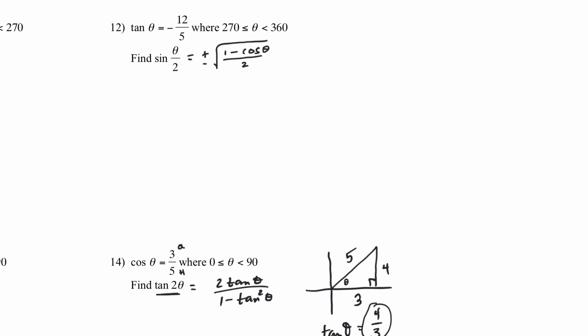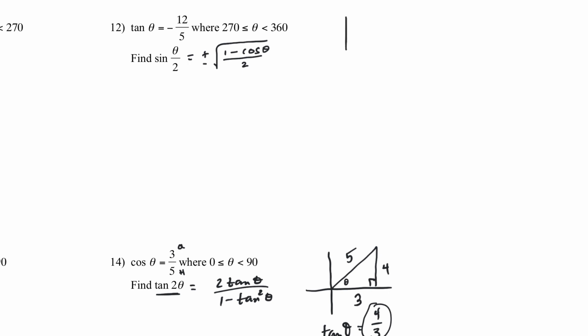Things you should pay attention to: plugging this stuff in and getting the fractions started is not a big deal, it's mostly straightforward. Simplifying this, especially with the radical involved, if it's a multiple choice question, they're going to rationalize it. My bet is if your answer wasn't just like what I just showed you, you probably got it right, you just didn't rationalize it in the end. I'll walk you through that.